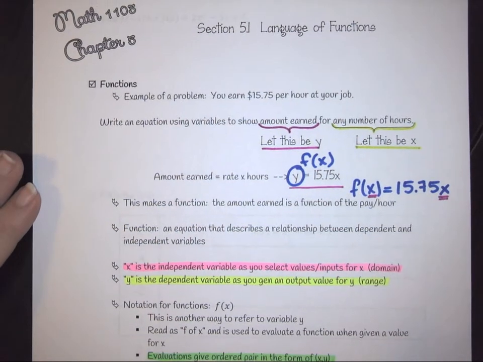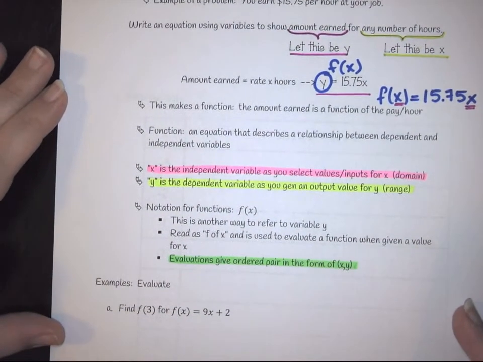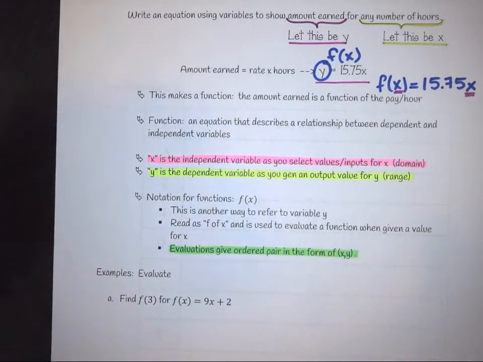Now, where things become a little bit more advanced is that functions specifically are talking about a relationship between what's called your independent and dependent variables. Well, to do that means you need to understand what independent versus dependent means.